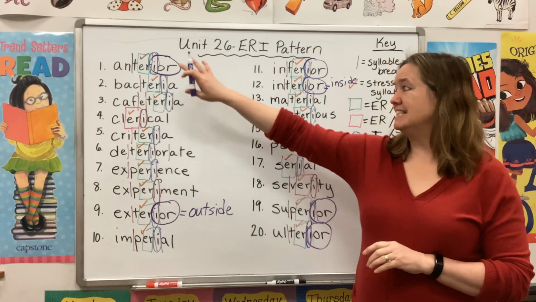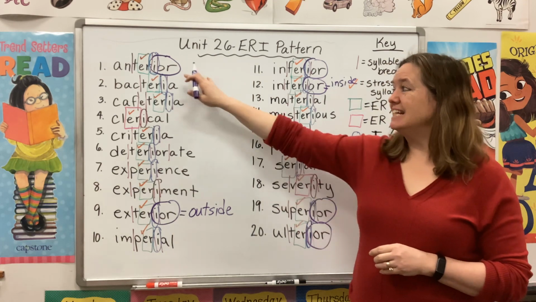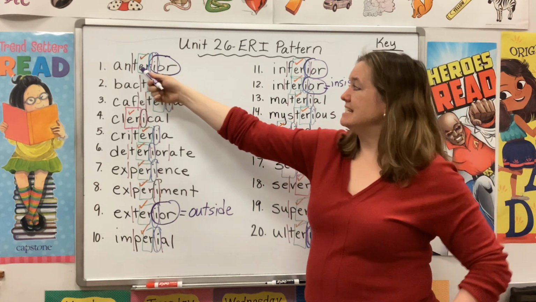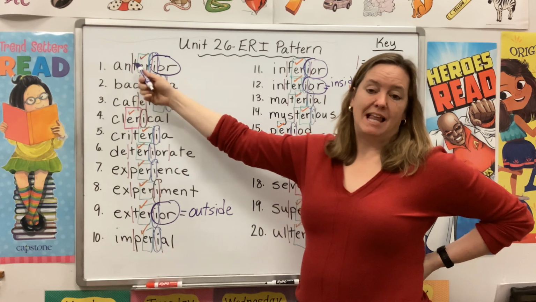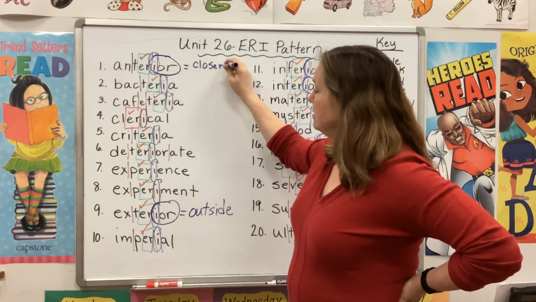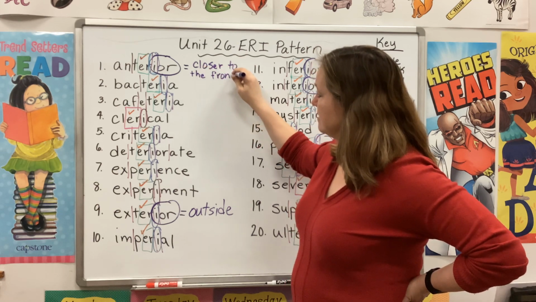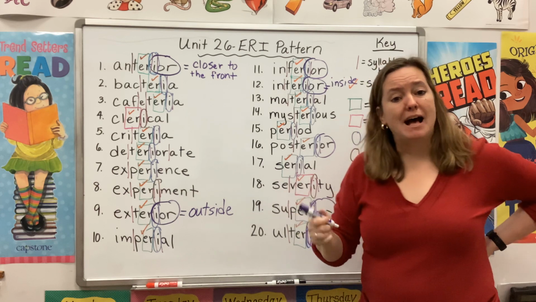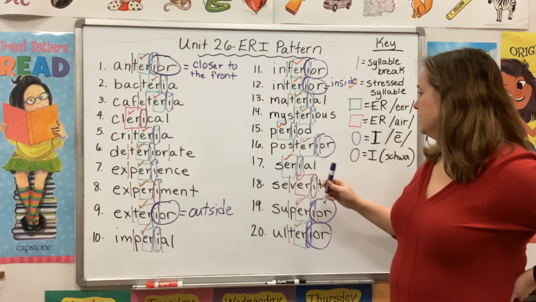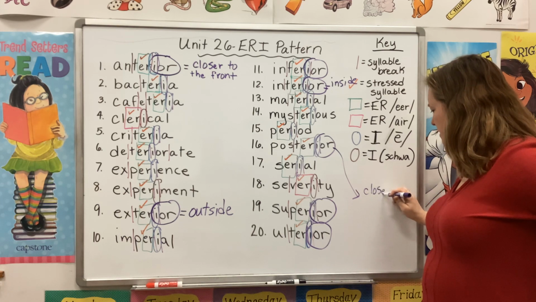We see these Latin-based words a lot. Anterior, anti means front in Latin. So anterior means closer to the front. And the opposite of that is posterior, which means closer to the back.